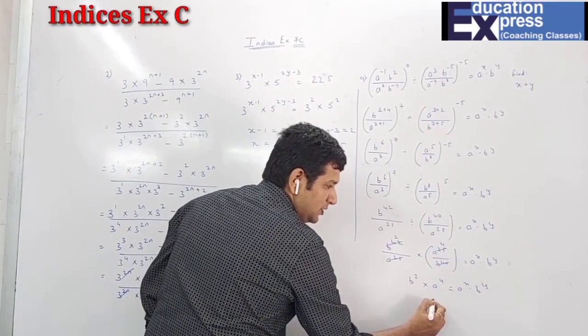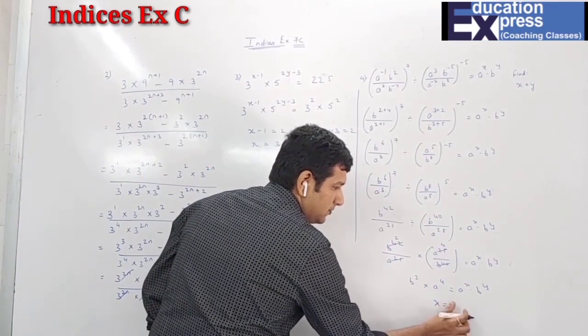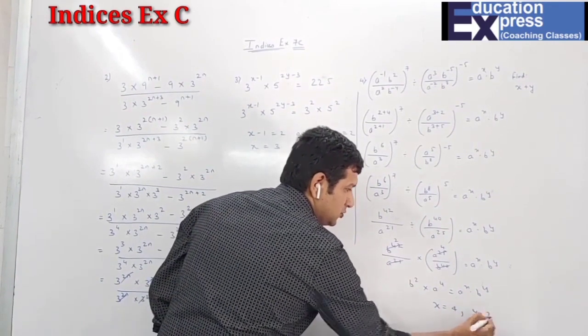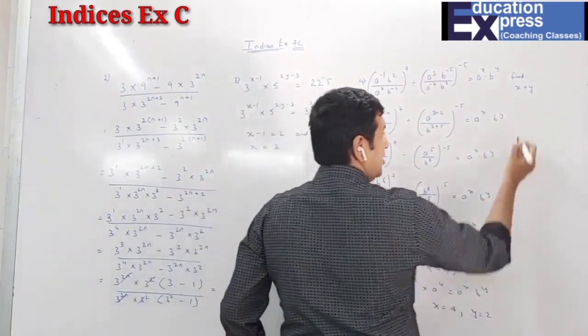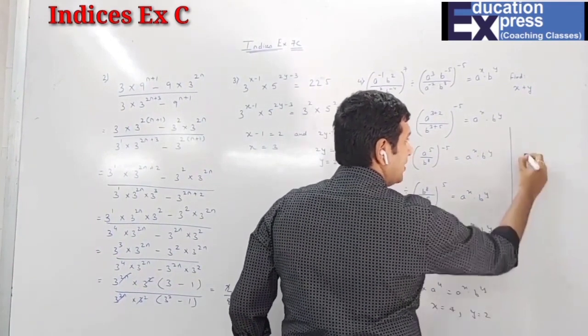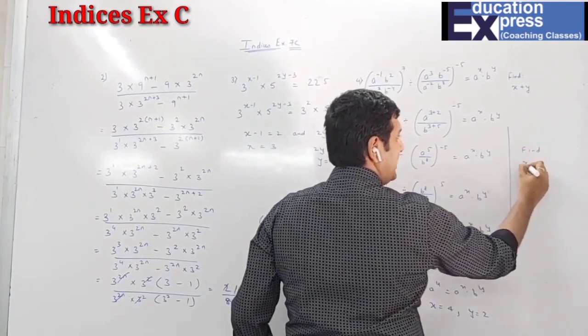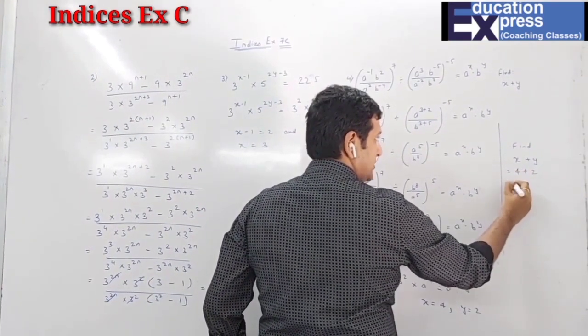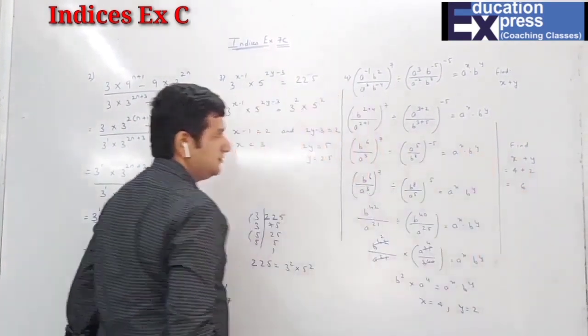Bases are same, so x is 4. Bases are same, so y is 2. So x and y values are available. What have they asked? Find x plus y. 4 plus 2, x is 4, y is 2, and answer is 6.